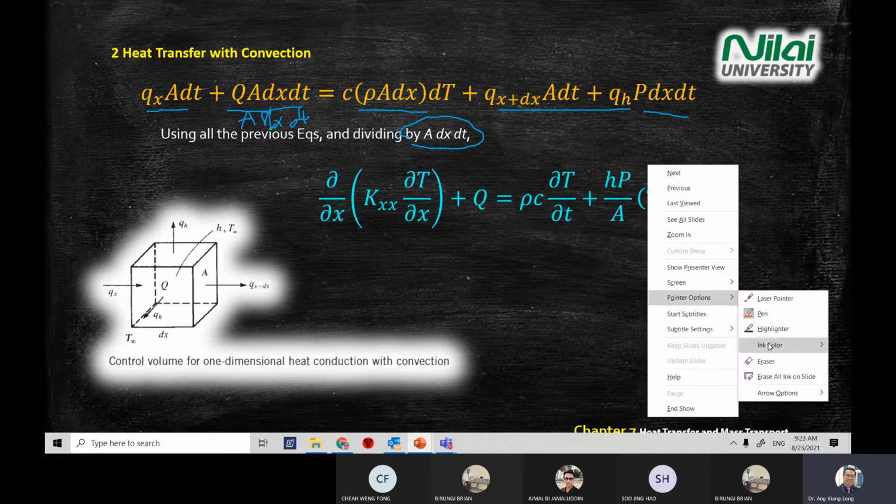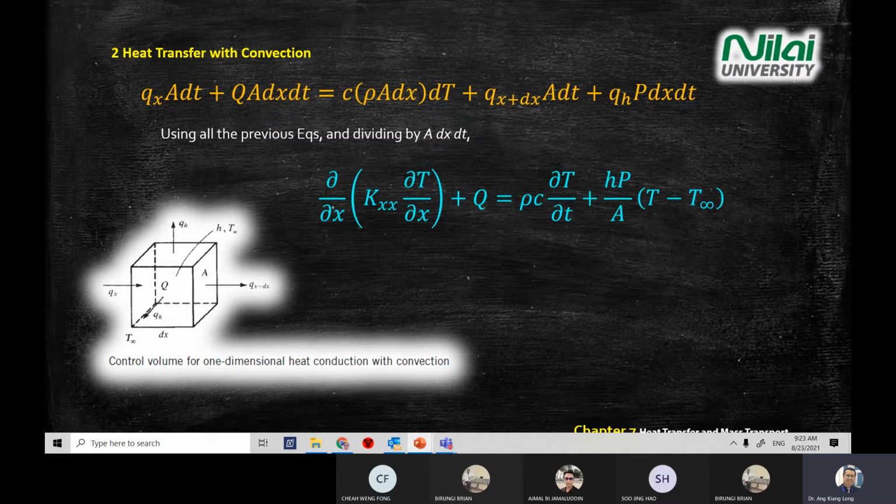You are seeing the blue color equation: del over del x of kxx del T over del x, where T is temperature, plus Q equal to rho C del T over del t plus h P. Again, P is not pressure, but a parameter of the area, the parameter of the vessels.